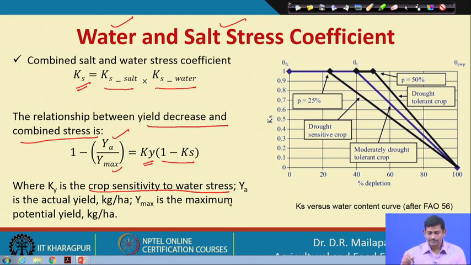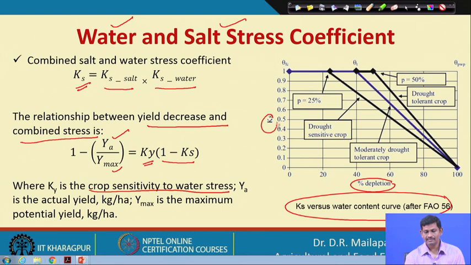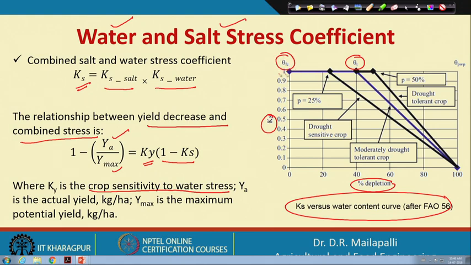Good. Here this is showing the Ks versus water content curve, percentage depletion and Ks. If you see this, theta T is the total threshold. This shows the field capacity, theta T and theta WP.